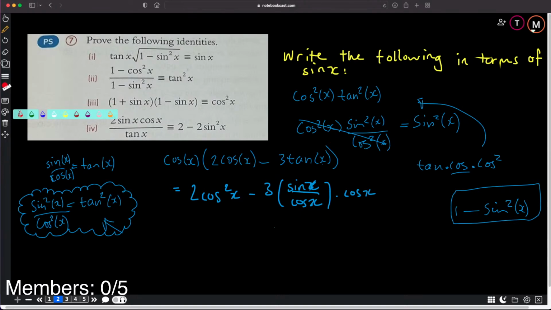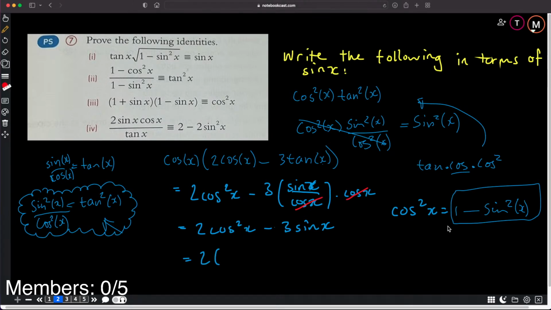Then we have the cosines cancelling out. And I guess we just write the cosine squared in terms of sine, using what we got back there. It's almost like the identity here. The previous question helps us there.